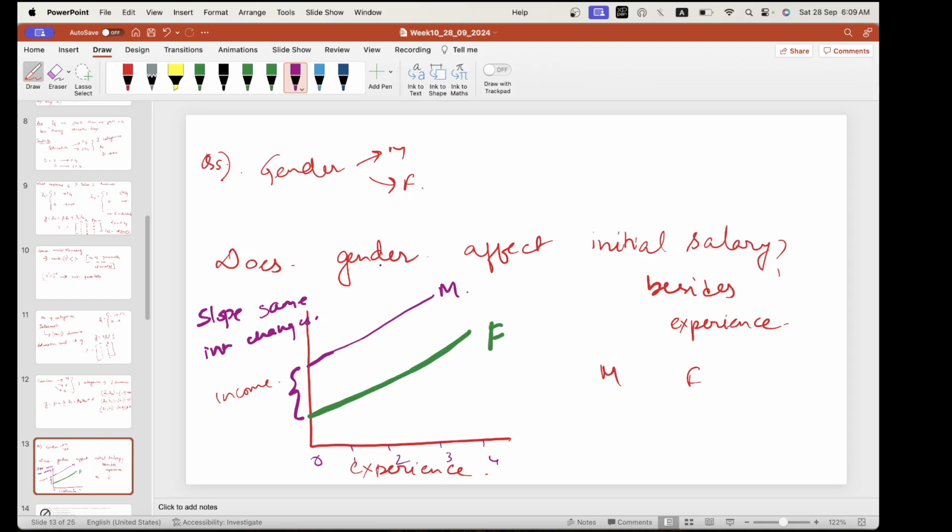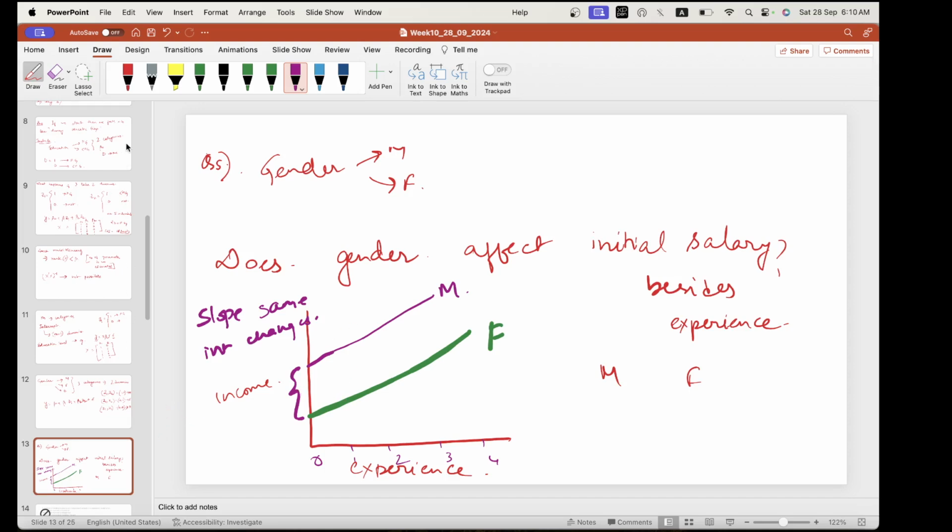So if this is how experience versus income looks for males and females, we can conclude that yes, gender plays a role besides experience, because initially we see a difference in intercept just because one person belongs to one particular gender or not.